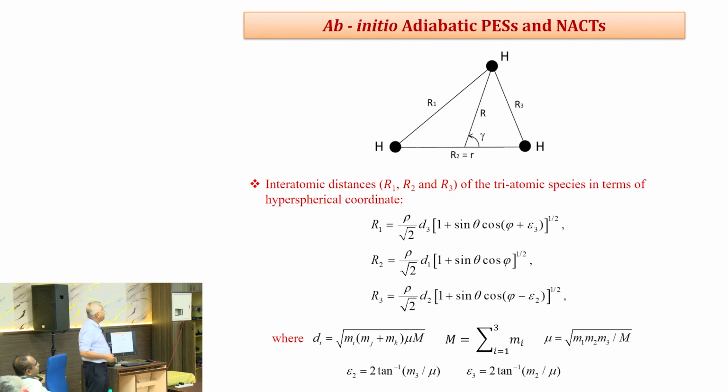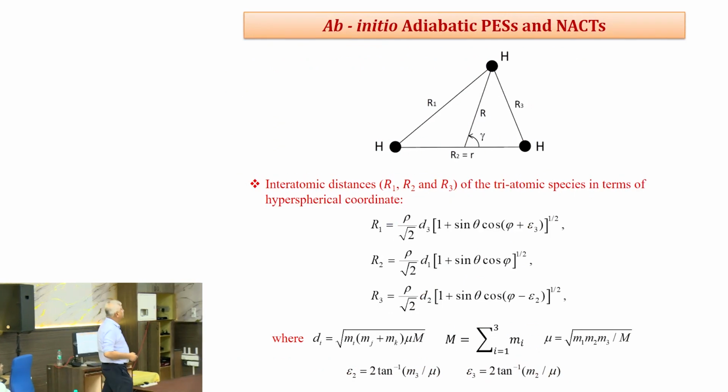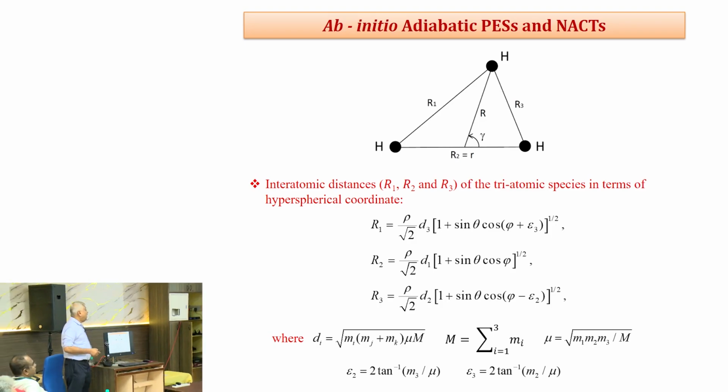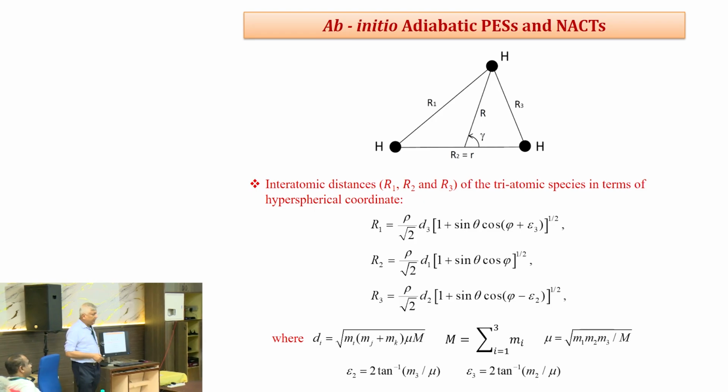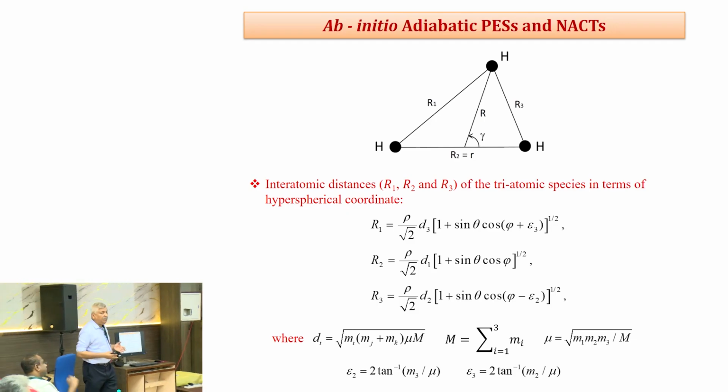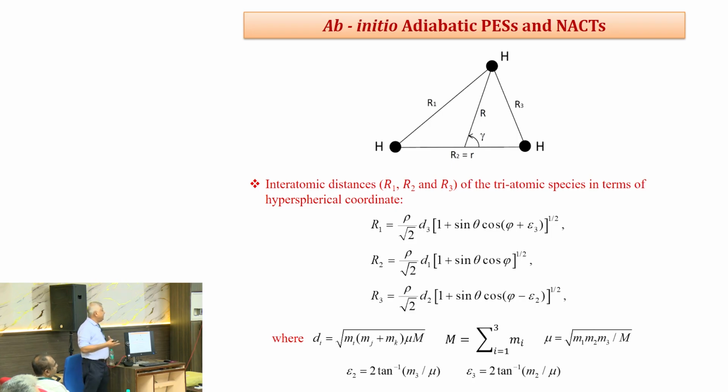Now, ab initio potential energy surface and non-adiabatic coupling term: these three-atom reactions are modeled by the three side lengths of a triangle, where this distance is the diatomic distance. In hyperspherical coordinates they are written like that. Hyperspherical coordinates have some advantage because all the reactive and non-reactive channels are handled even-handedly.